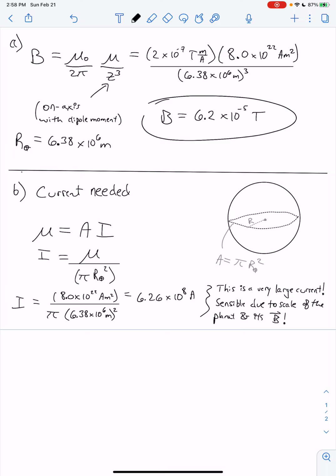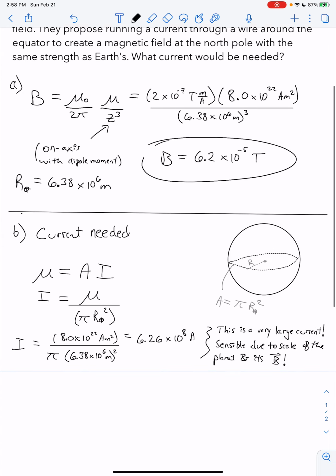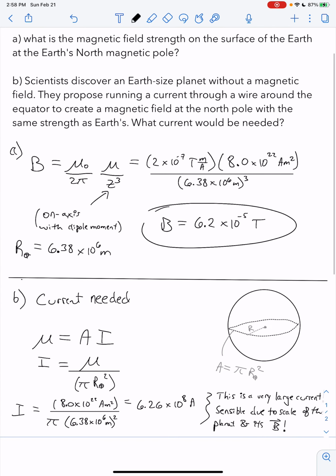And that's just getting back to the point that the planet's magnetic field is actually quite significant and very important, because it protects the planet from all sorts of charged particles that would otherwise potentially do damage to living things. So the question is not a particularly difficult application of some of these equations, but what it really does is force us to think about how to model this to the planet and recognize that connection. All right, that's it.